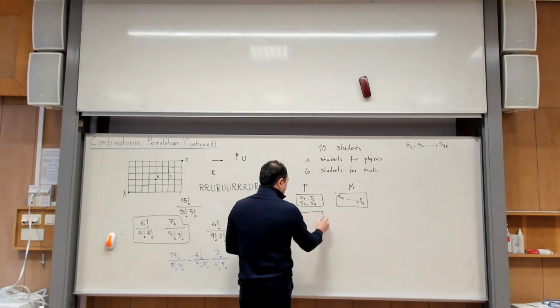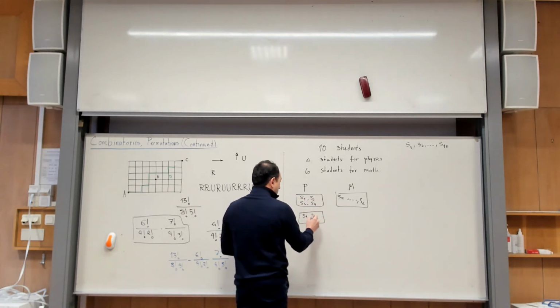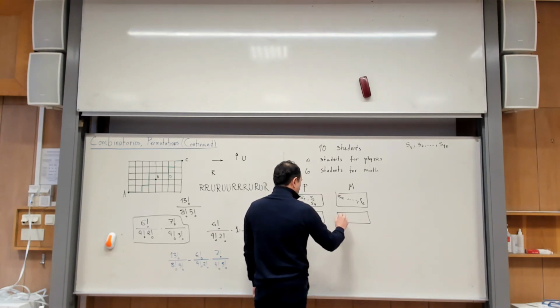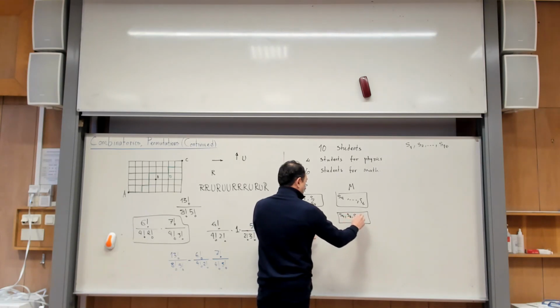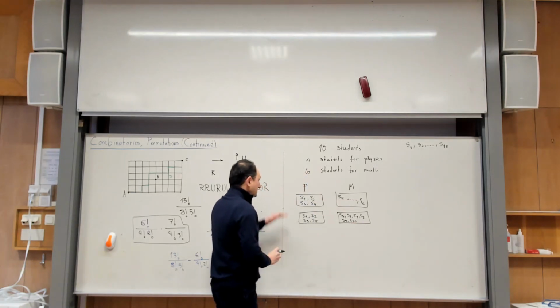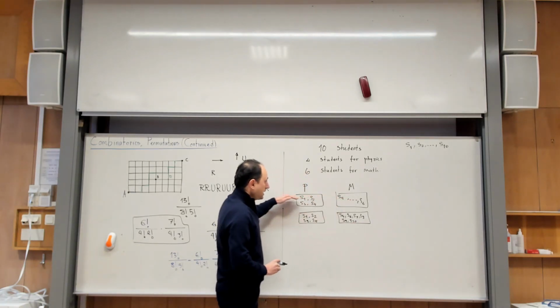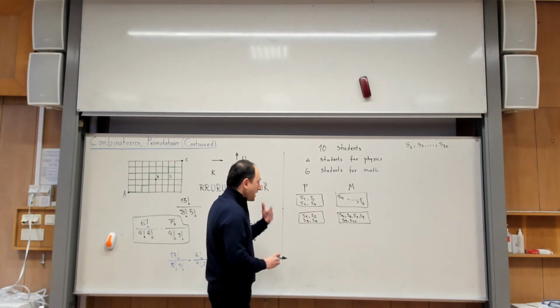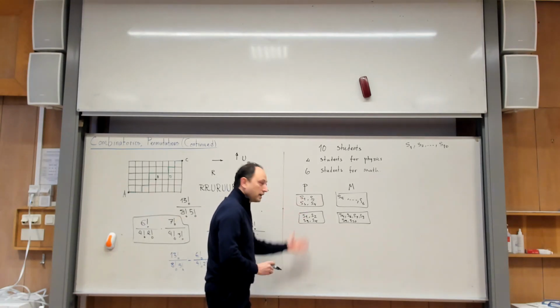For example, if I write S1, S2, S3, S5, and then here what is left, S4, S6, S7, S8, S9, and S10, this is another item to count because the grouping has changed. I am asking you in how many ways I can have this grouping.